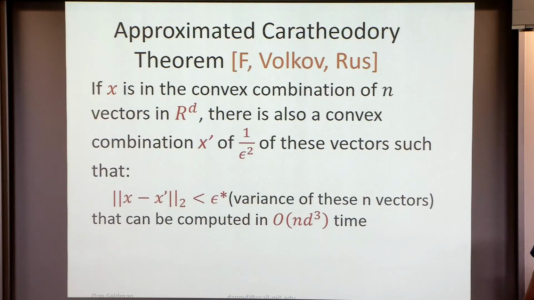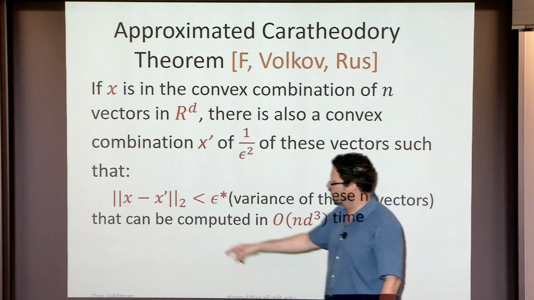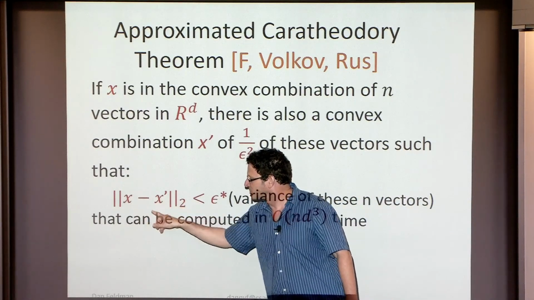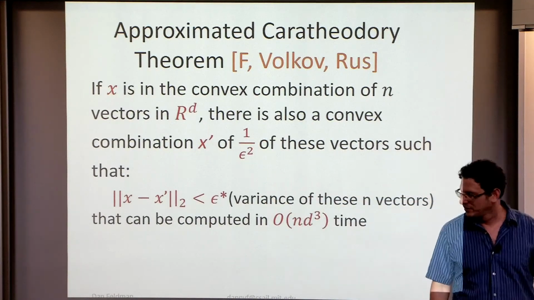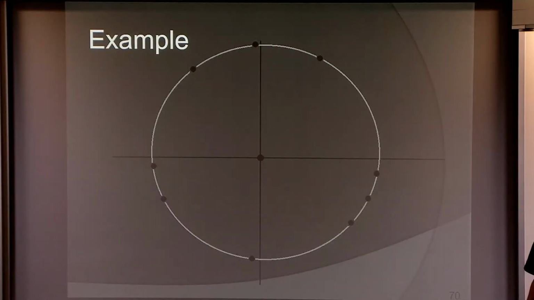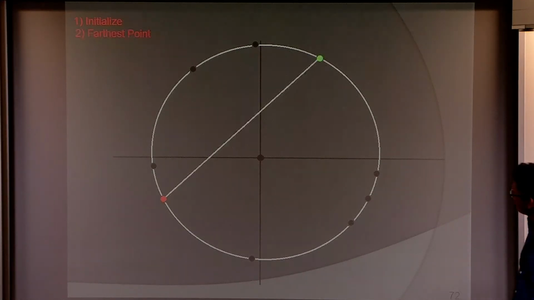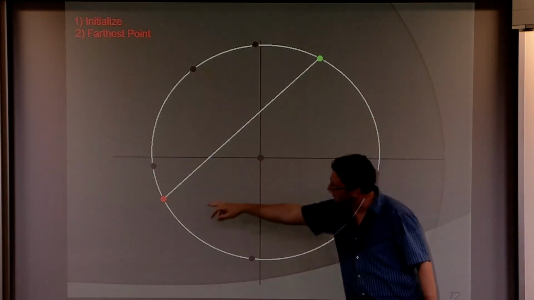When d is very high, as in computer vision where we usually use visual features in a very high dimensional space, we use an approximate version that asks to find something very close to the mean, but uses a number of points that is independent of d, and depends only on the error. The algorithm is essentially: you pick the farthest point from the mean. This is the first point in the coreset.